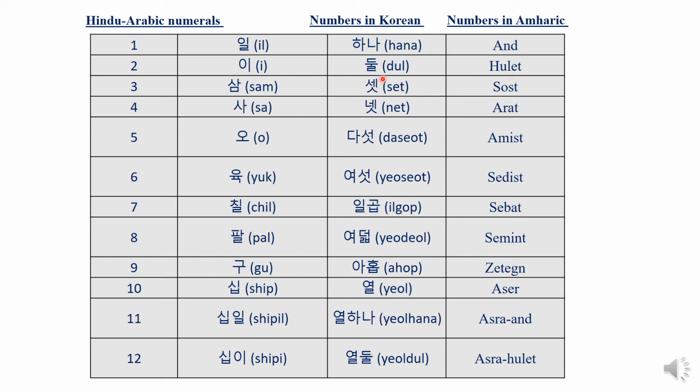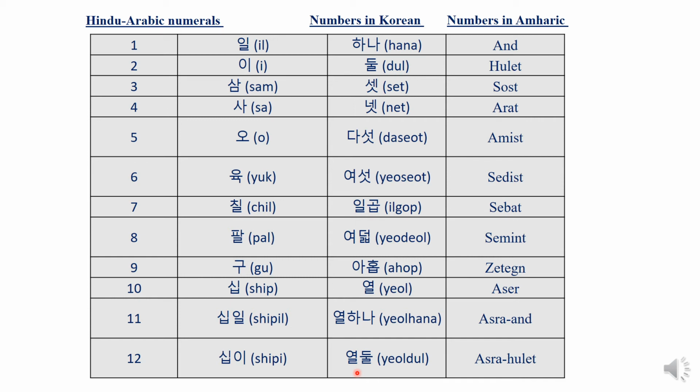Another way of counting in Korean, which is less common, I guess. They use it for counting time, something like that. But most often they use 일, 이, 삼, 사, 오. So this is 하나, 둘, 셋, 넷, Tosat, Yasat, Ilkop, Yadal, Ahop, Yal, Yalhana, Yaltu.